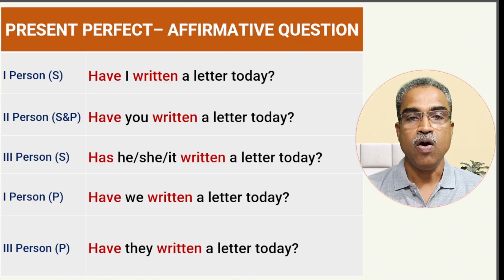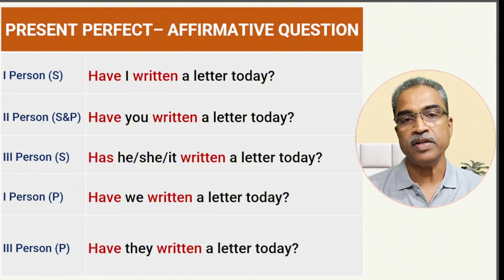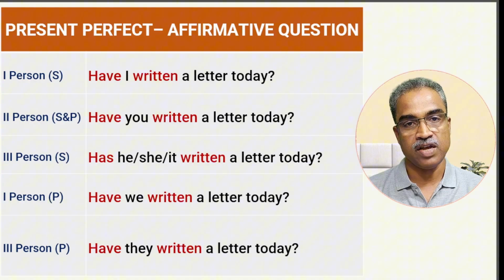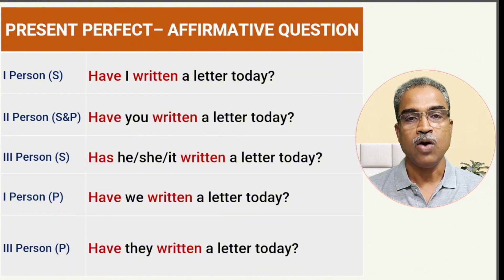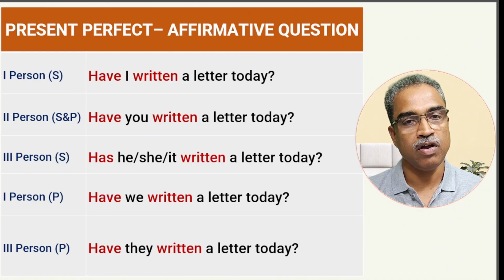So, all the questions that I am giving when I teach you tenses for the moment are only yes/no type questions. I write. Do I write? I am writing. Am I writing? I will write. Will I write? I was writing. Was I writing? I will be writing. Will I be writing? The answer to all these questions is actually yes or no.